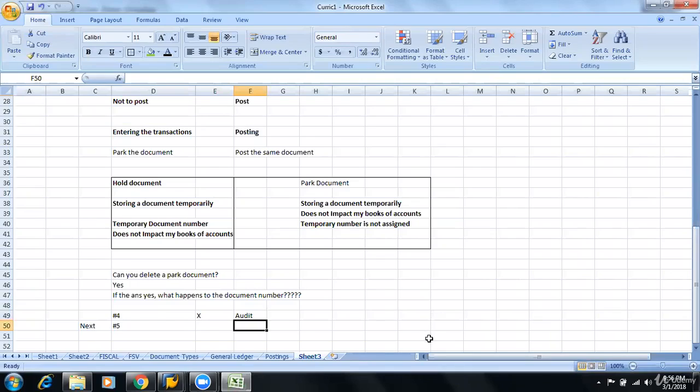No, it's a computer system. So auditors have a very strong hold on the document numbers. They want to keep the document numbers in series, and their main concern is why are they skipping or where are they missing, right? So the document can be deleted.